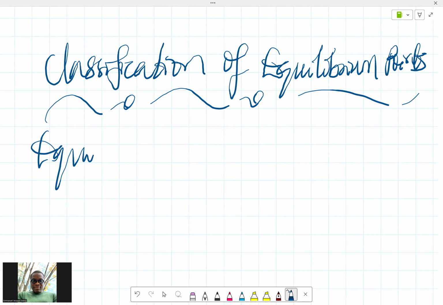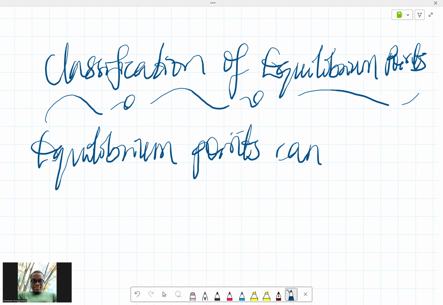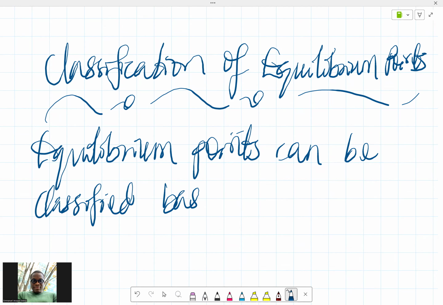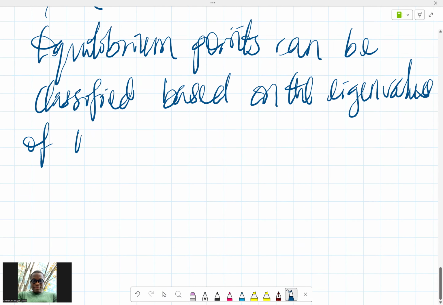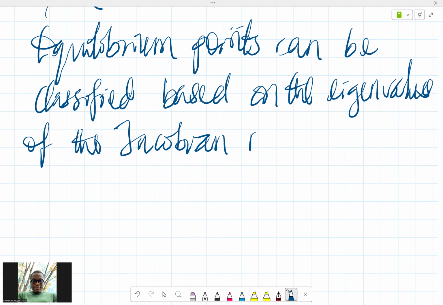So equilibrium points can be classified based on the eigenvalues of the Jacobian matrix, which we just got up there.